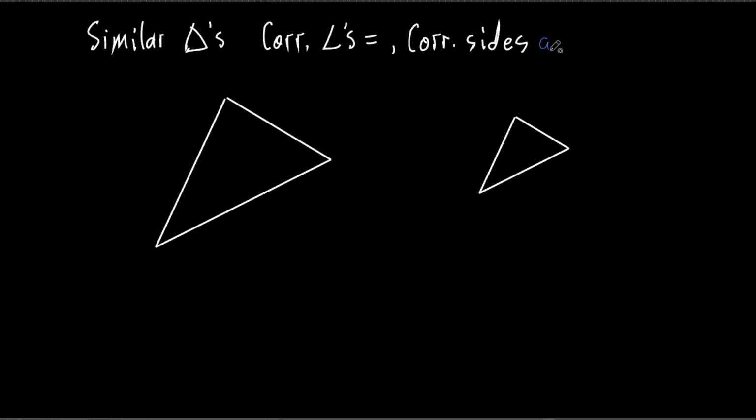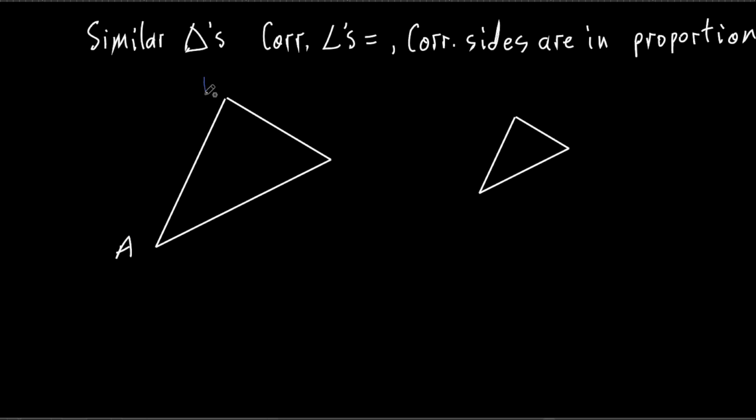They are in proportion. Okay? Now, there's a big difference between two or three sides being in proportion and being equal or congruent to each other. Okay? Now, what's the first thing say? All the corresponding angles are equal.